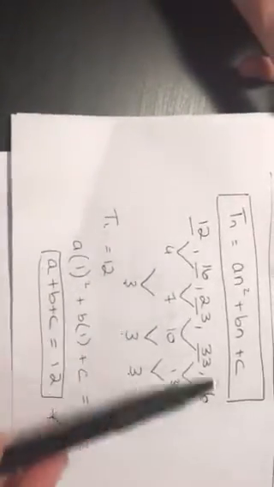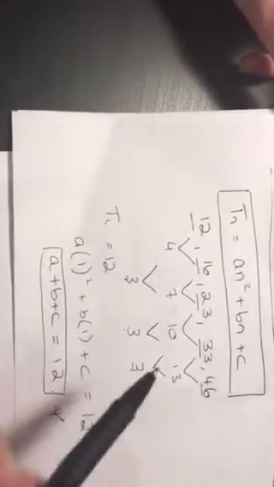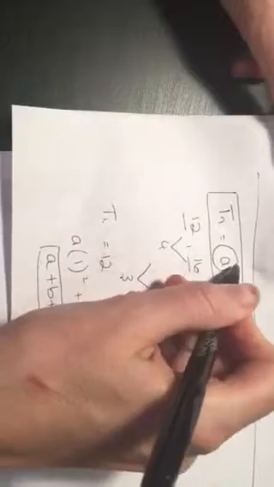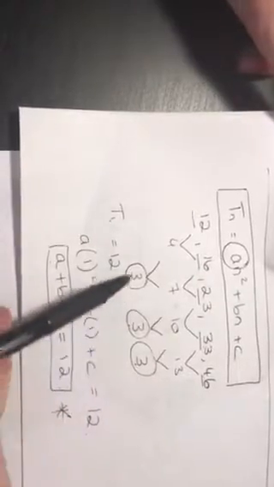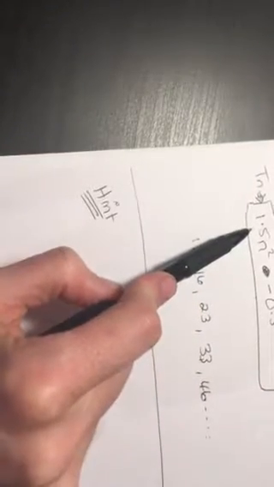If you did enough of these, you would actually see that the coefficient of the n squared is always half of whatever your second common difference is. So in this situation, you'd notice that 3 is my second common difference, and if I halve it, it's the coefficient of the n squared.